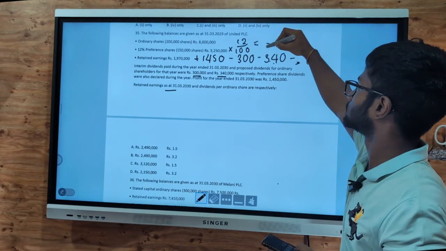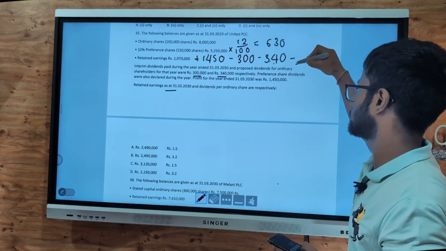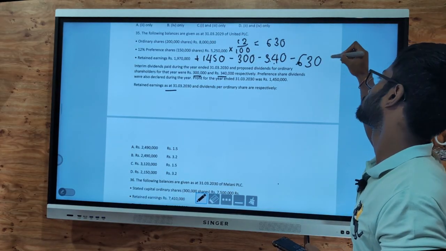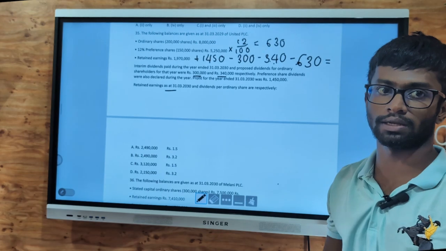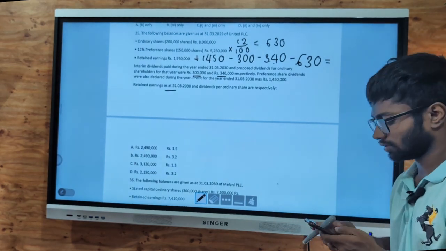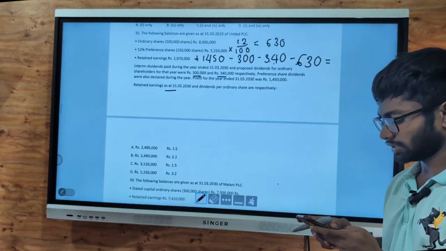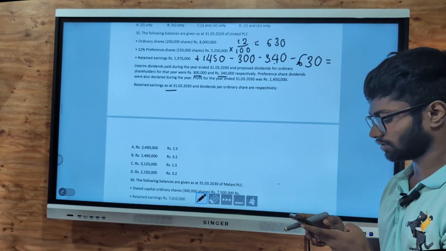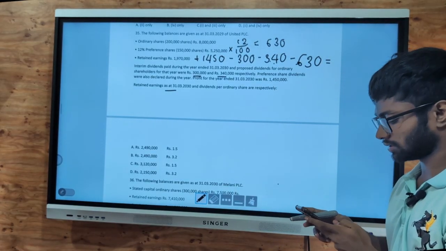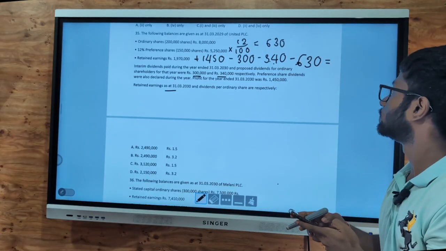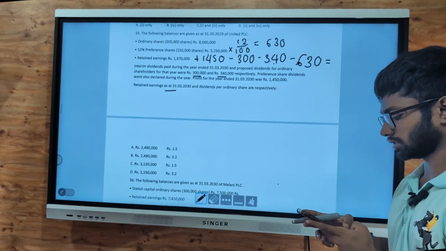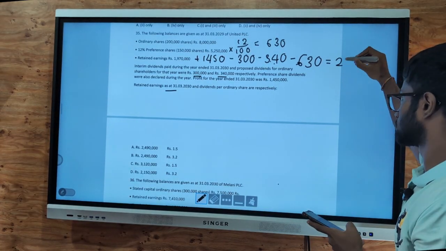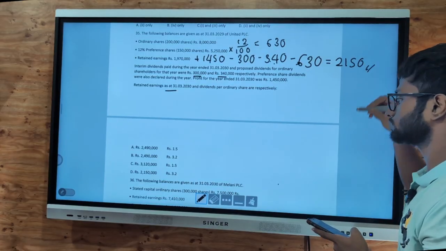Then you get 630. So 630 also you have to deduct. Then you can get the closing amount of your retained earnings. 1,970 plus 1,450 minus 640 minus 630. Then you get 2,150 as your correct amount.